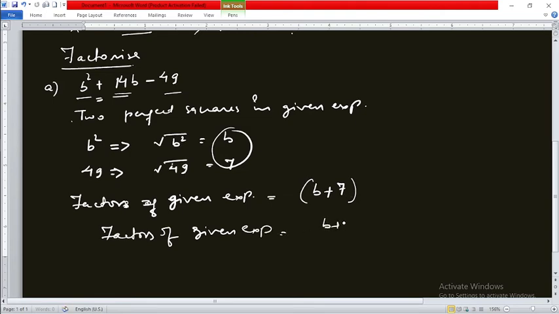You will either write it like this, b plus 7 whole square, or simply you can write b plus 7 into b plus 7. So these two are the factors of this expression which is given to you. This is how you can find it. Okay, there are many methods. This is one of the methods which I am giving to you. The other method could be splitting the middle term.